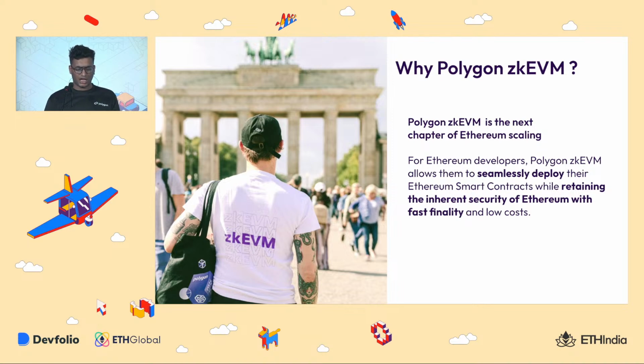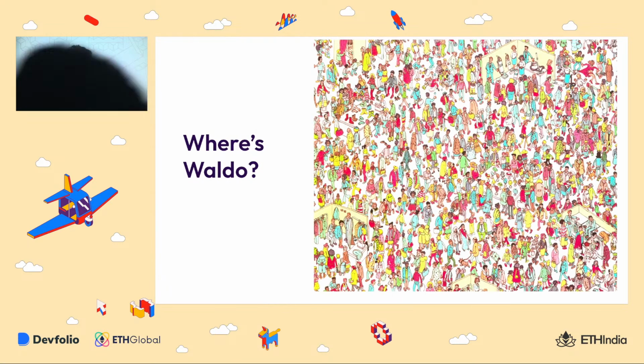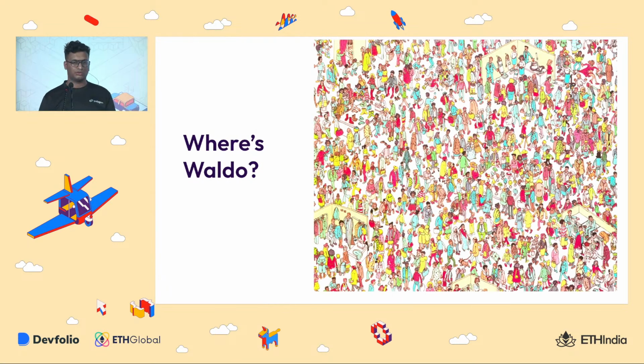So the first half of ZK EVM is ZK. I'll explain this with an example. Everyone must have played this game called Where's Waldo in their childhood. Basically, it's kind of a puzzle, and you need to figure out where Waldo exactly is, right? So what if I say I know the location of Waldo, but I can prove to you without actually revealing the actual location of it? How am I going to do it?